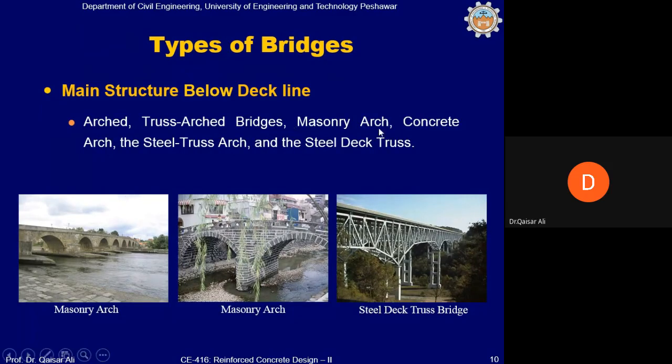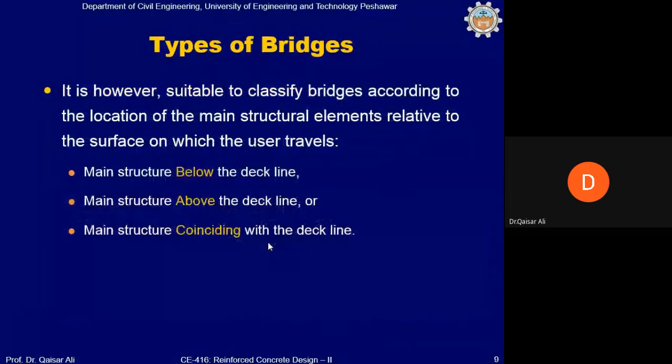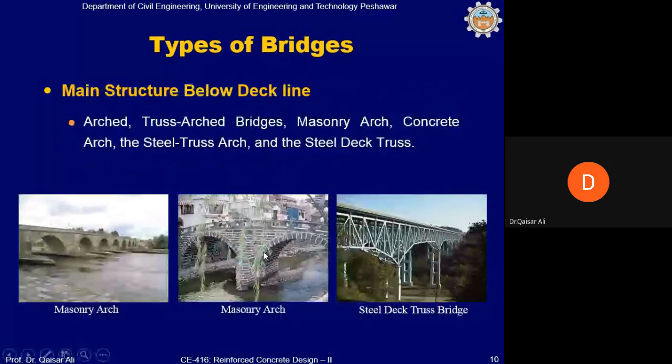truss arch bridges, masonry arch bridges, concrete arch, steel truss arch, and steel deck truss. So all types of truss bridges basically fall in this category, because in arches, the arches are provided below the deck. As you have seen in the previous slide, if the main structure is below the deck line, the main structure is this arch which supports the surface on which the user travels.